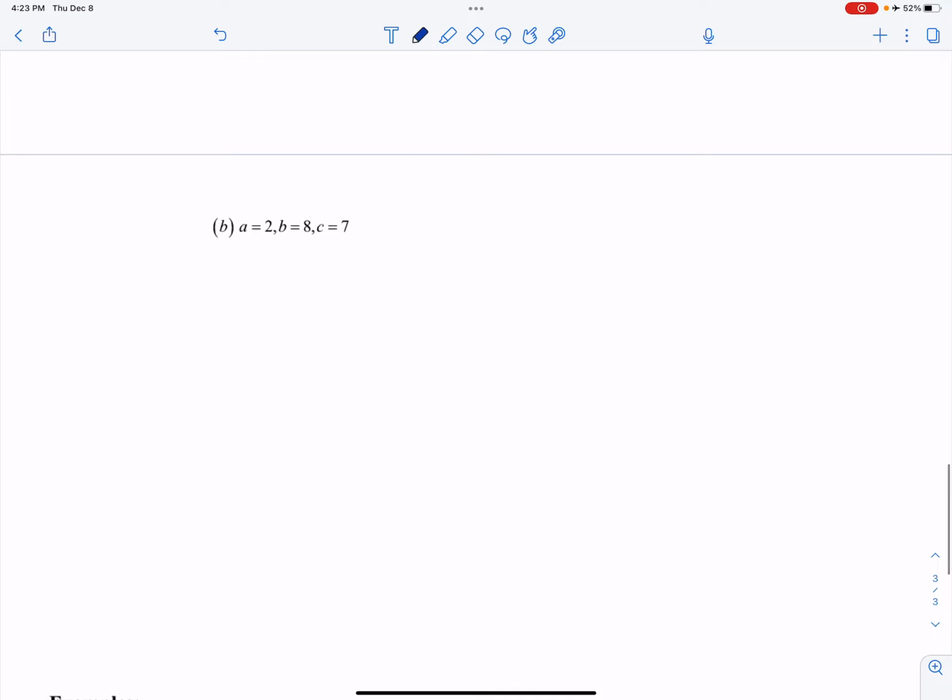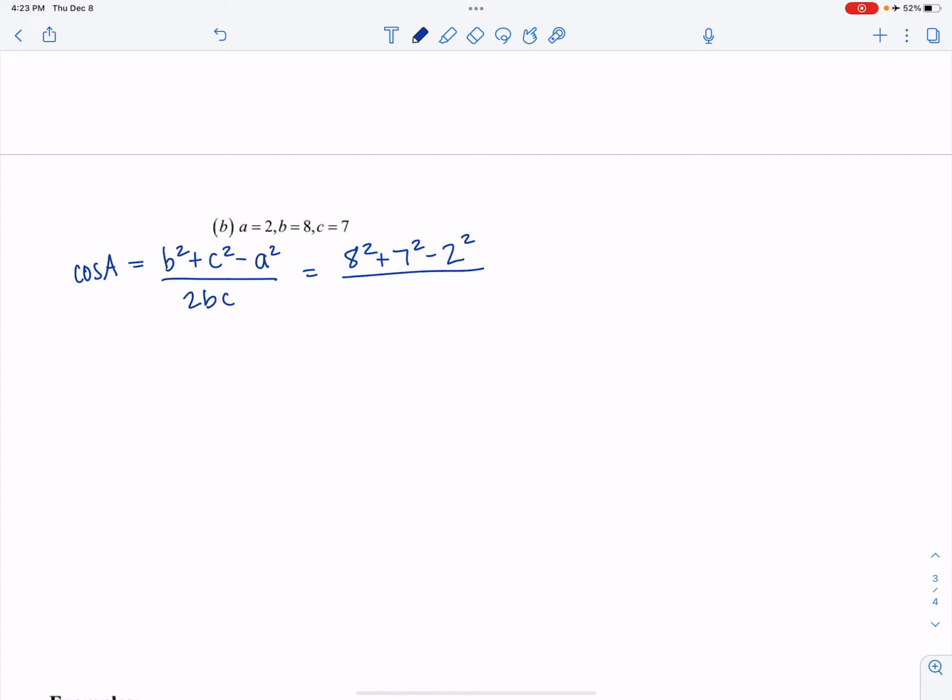Okay, here we have 2, 8, and 7. So let's do the same. Cosine A will give us b squared plus c squared minus a squared over 2bc, which is 8 squared plus 7 squared minus 2 squared over 2 times 8 times 7.